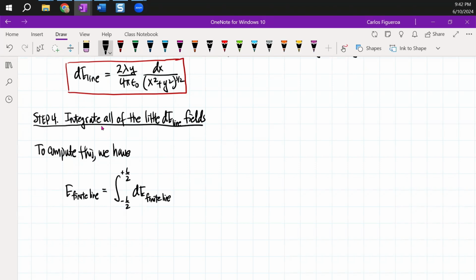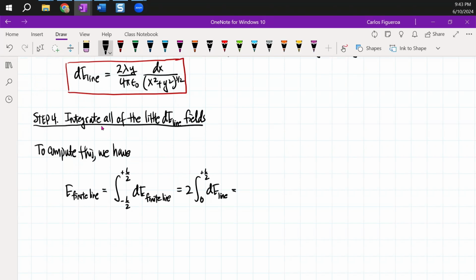So when I look at this, note that because of the symmetry of this thing, I can also multiply this by 2 and only go after half the line and still get the exact same result. If y is a constant, we're only integrating over x.